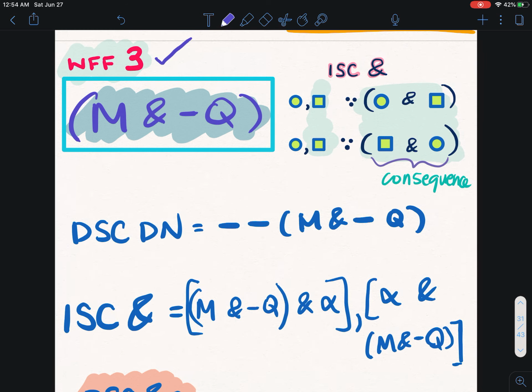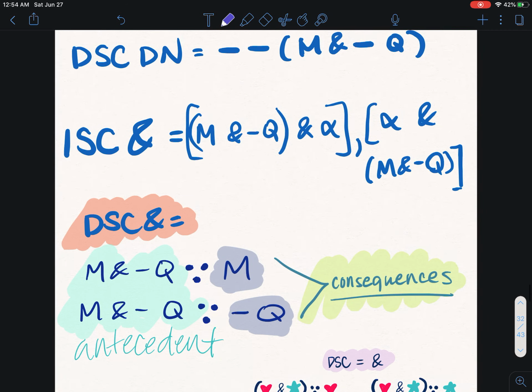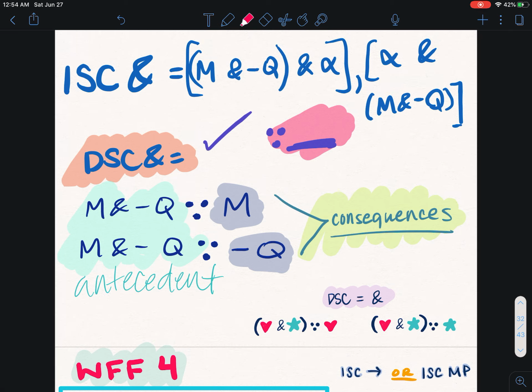That was the first clue. And then DSC and. And then he said it's the consequence. So we know it's going to be on the right side. So what's on the right side? These here are the antecedents. So we know it's not those. It's going to be these.